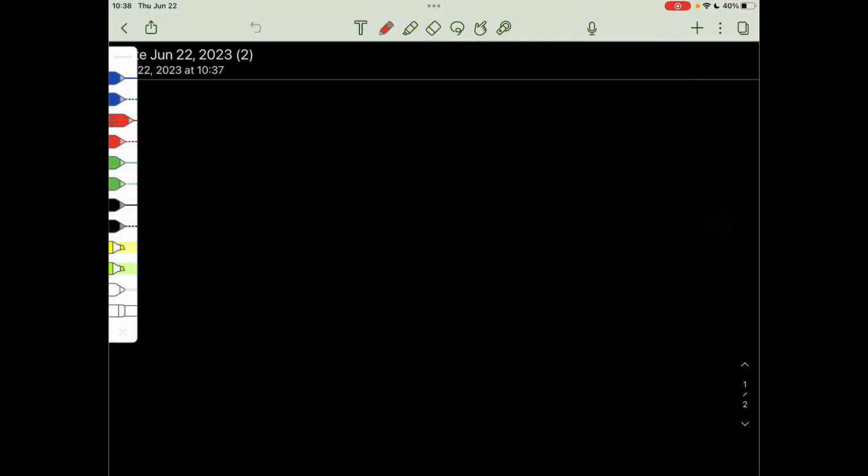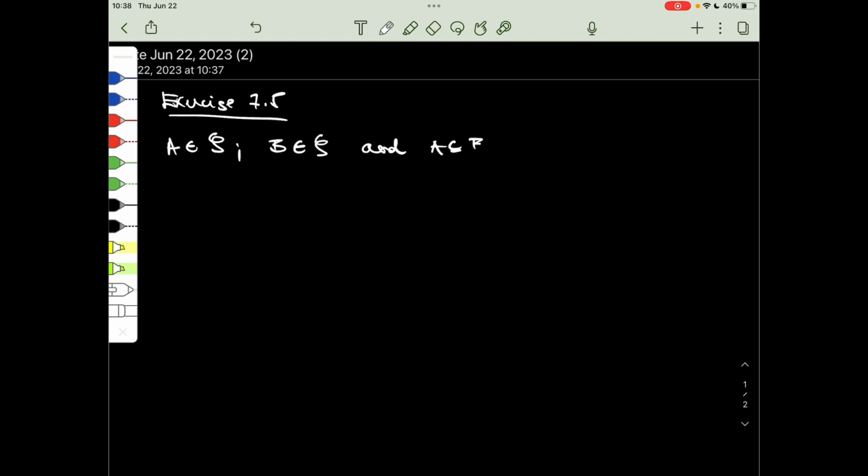In exercise 7.5, we assume that we have two sets in the sigma-algebra, and one is the subset of the other, so we have something like this.